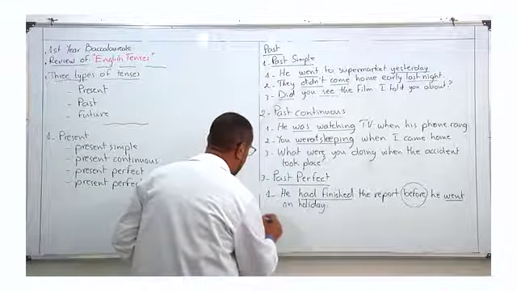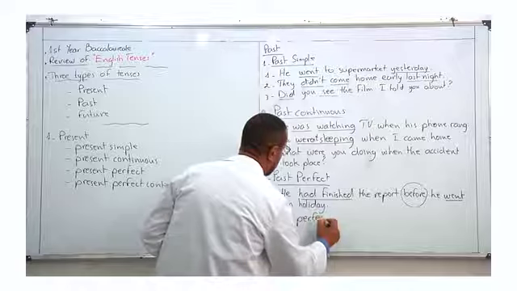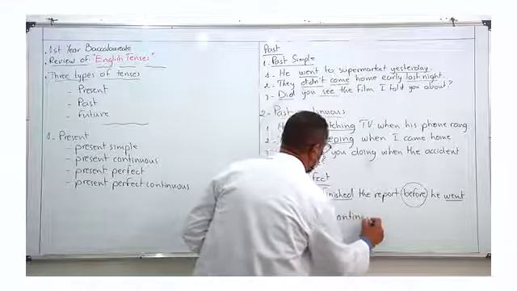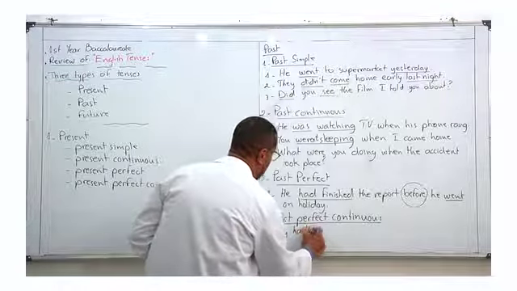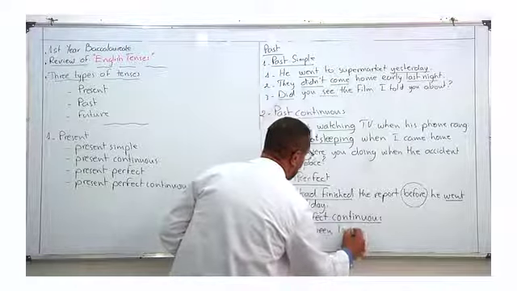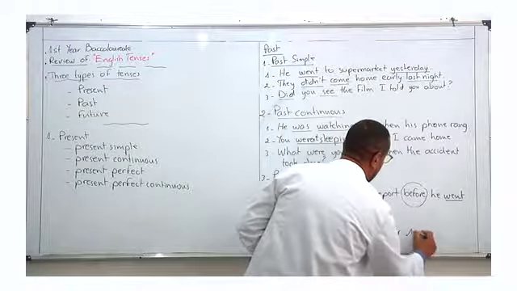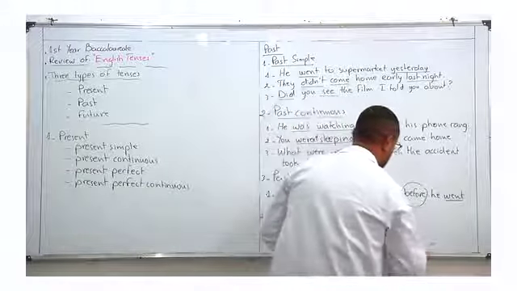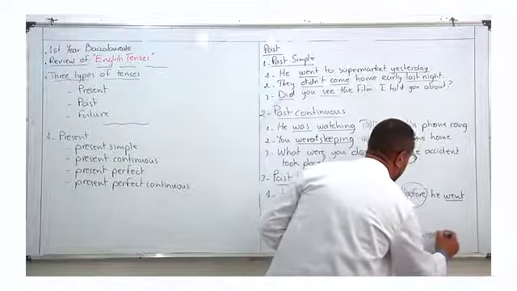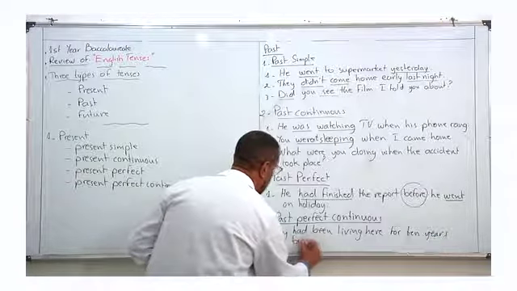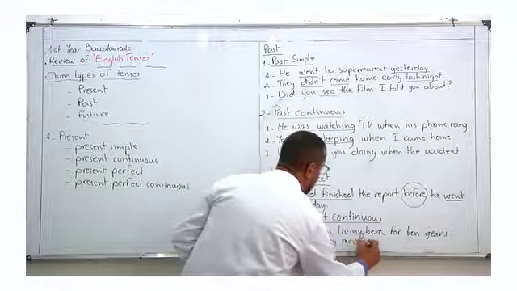And finally, past perfect continuous, as in the example, they had been living here for 10 years, for 10 years before they moved abroad.